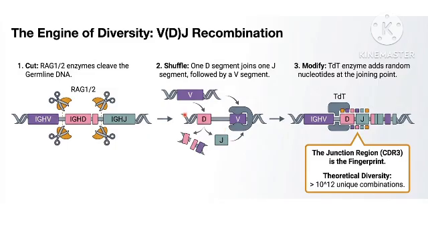At the junction of these three, when the nucleotides are getting inserted randomly, this will create junctional diversity. So there is combinatorial diversity and there is junctional diversity also. Because of these two phenomena, you are able to see a theoretical diversity of 10 power 12 unique combinations.